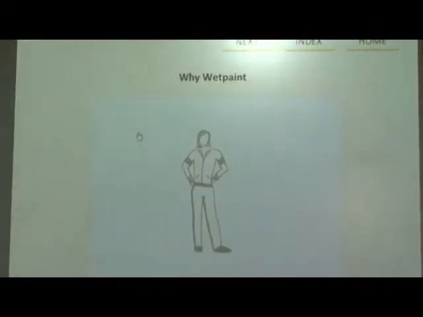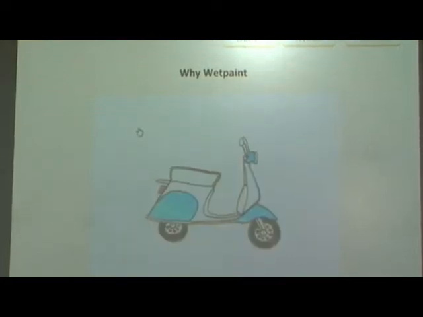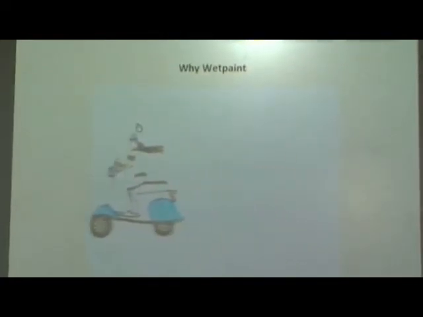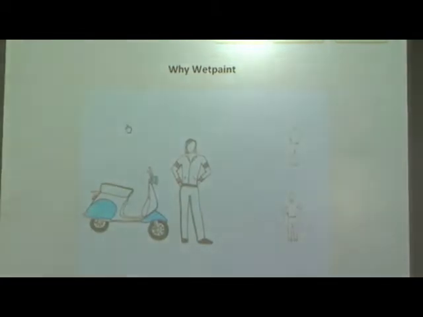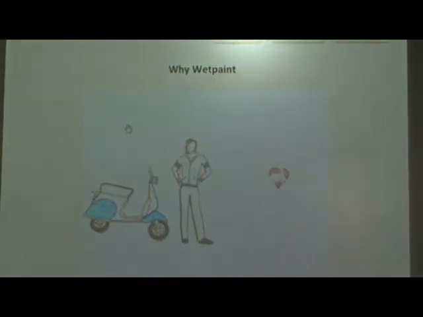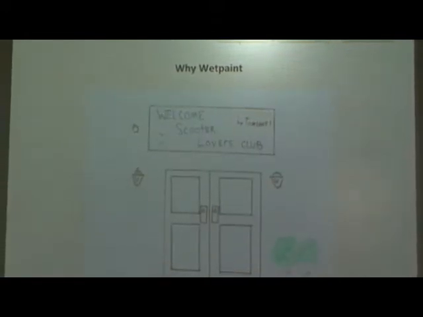Wetpaint allows us to edit, so we can make the kind of changes that we want, as is reflected on the screen. You can always add your own feelings, your own views, what you like, what you dislike. It gives you a chance to express your own opinions.